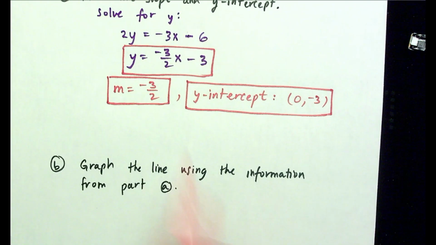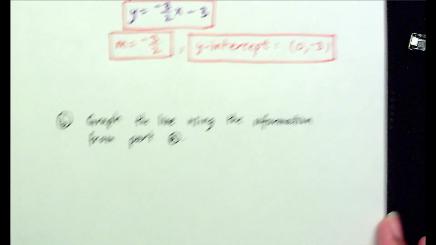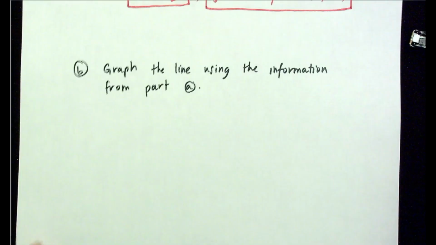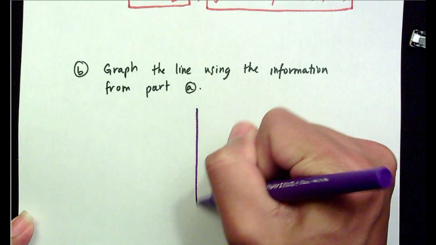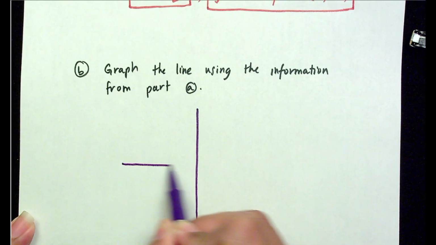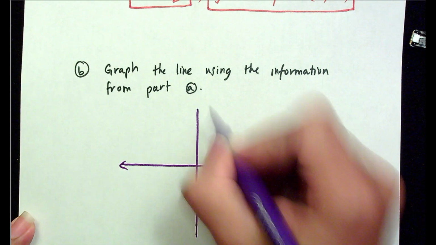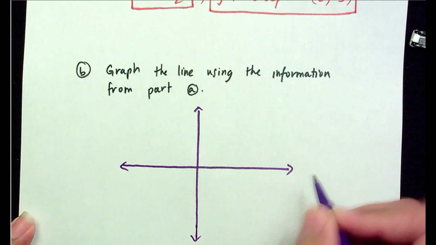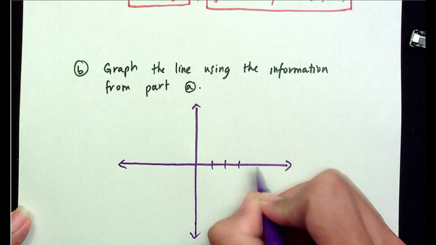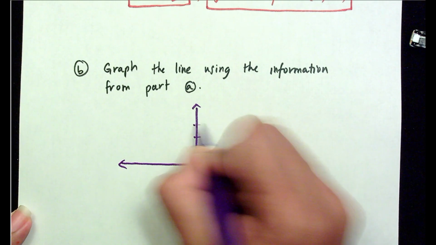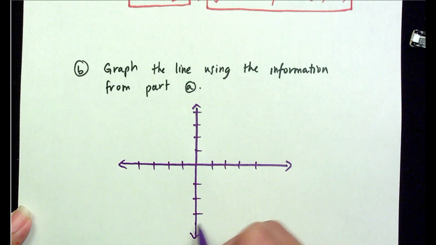Okay, now using this information, the information from part A, we're going to graph the line. Okay, so let's take a moment to draw the axis. Okay, so 1, 2, 3, 4 on each side.